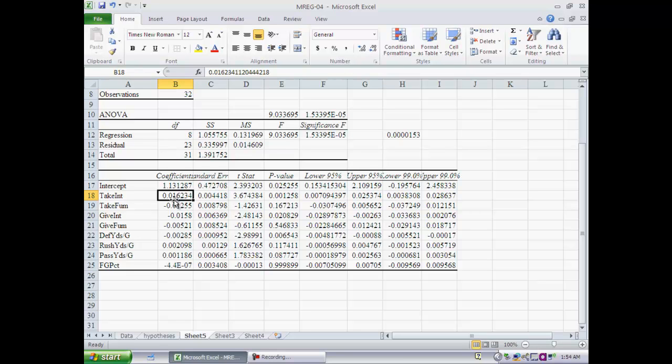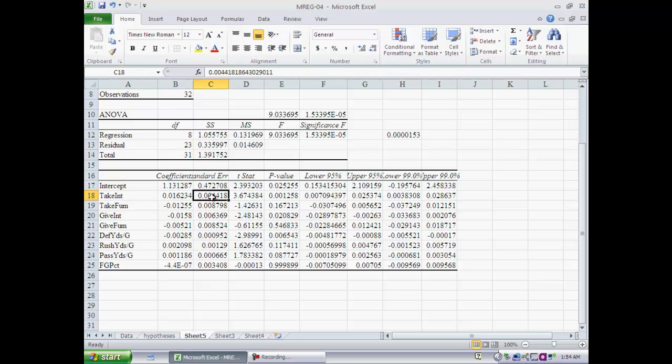I've told you many times during hypothesis testing that the absolute value of the sample statistic, the absolute value of B1, tells me absolutely nothing. So I need to standardize. In order to judge whether this 0.016 is significantly different from 0, I need to standardize.